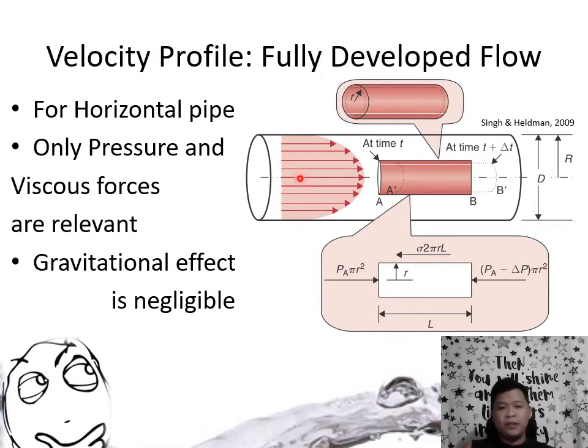So again, when we talk about velocity profile, this is the velocity of, well, probably individual molecules as it passes along the pipe. And for fully developed flow in a horizontal pipe, the only factors affecting their velocity profile are the pressure and the viscous force. So pressure is the force pushing it along the pipe. And of course, the more viscous the fluid, the more pointed the curve looks.